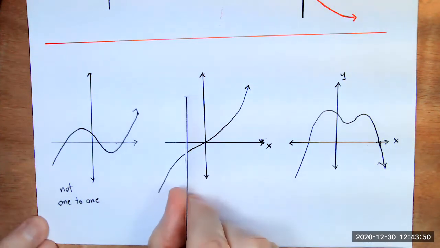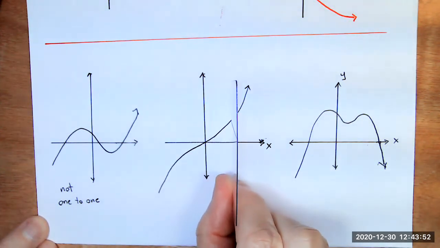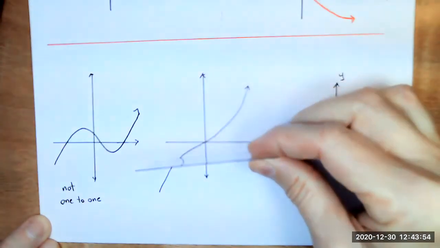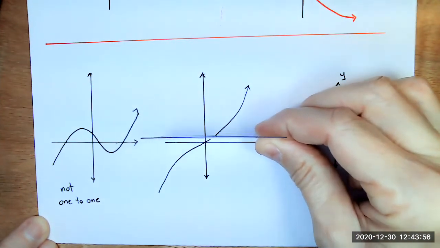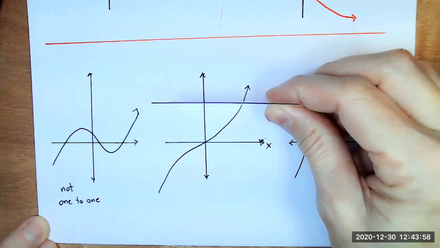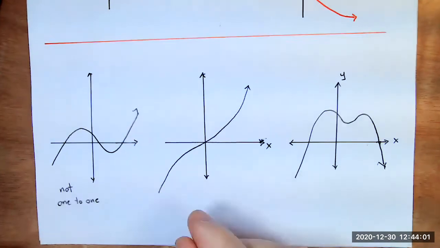This is a function because it passes the vertical line test. And it's a one-to-one function because it also passes the horizontal line test.